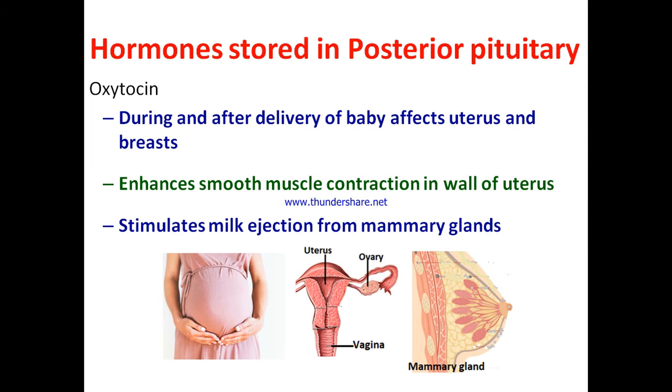Oxytocin during and after delivery of baby affects uterus and breast. So oxytocin enhances the smooth muscle contraction in the wall of the uterus, which facilitates parturition. Oxytocin also stimulates milk ejection from mammary glands.